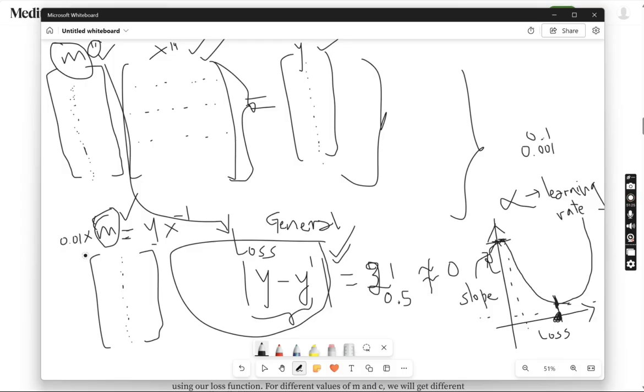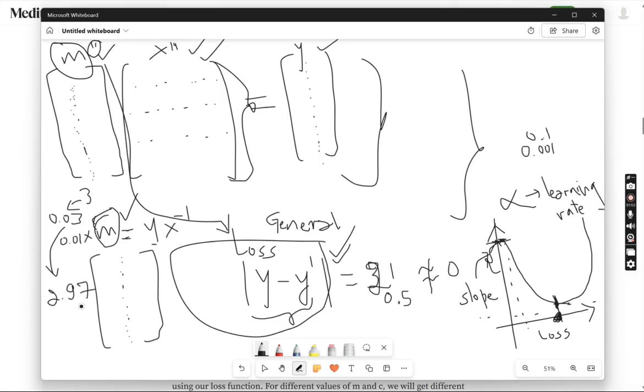If I multiply whatever the value of m is, let's just say the slope was 3. If I multiply by 0.01, how much does it become? It becomes 0.03. Now if I subtract 0.03 from 3, my m value becomes 2.97, right?